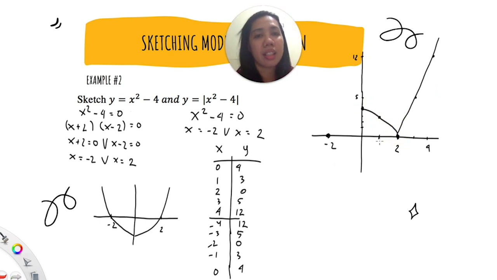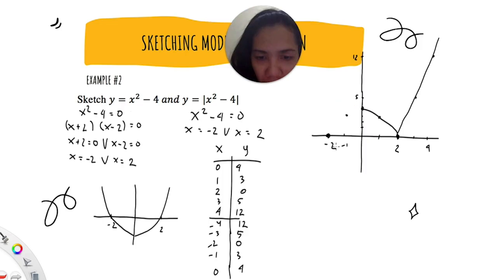Now let's do the left side of the y-axis. This is minus 2 comma 0, and then minus 1 comma 3, 1, 2, 3 right here, and then 0 comma 4 in here. So the graph is like this.